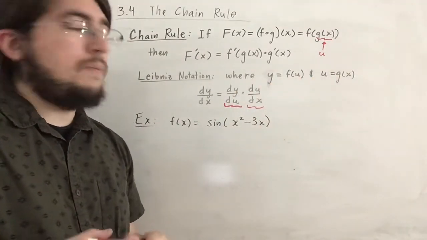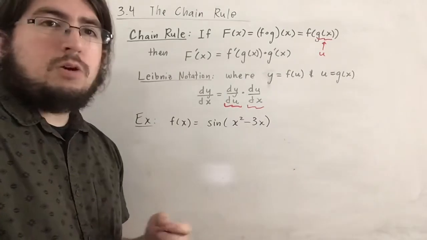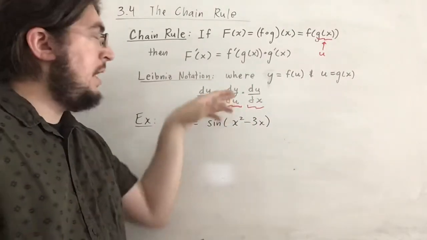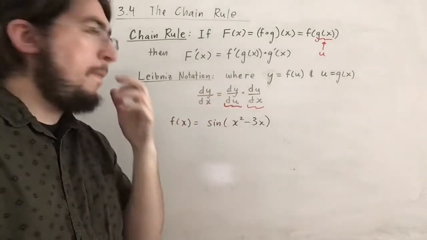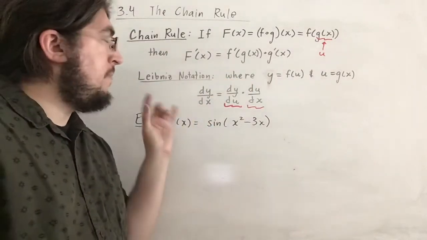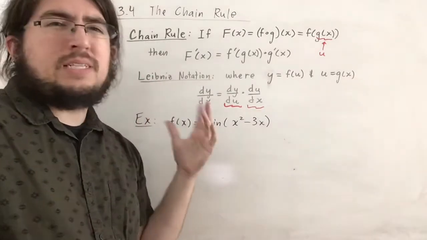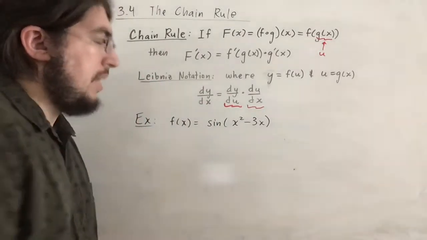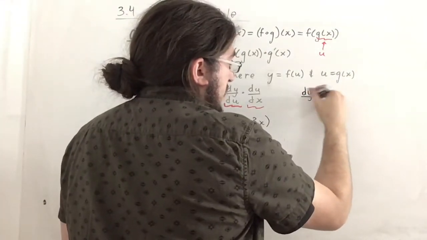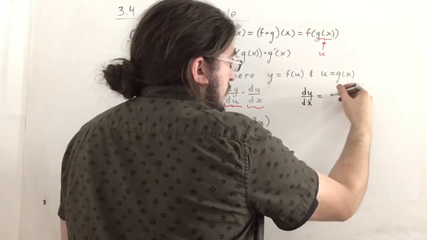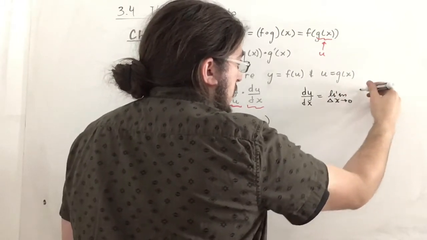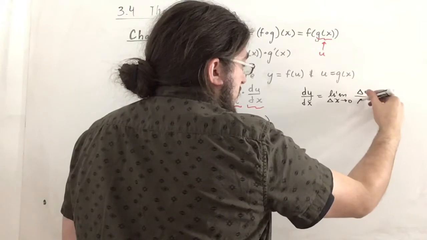Now the really nice thing about Leibniz notation is that since it looks like fractions, it looks like the du's cancel. And there's actually a really nice way to prove the chain rule using Leibniz notation, with the fact that the derivative of y with respect to x, by definition, is equal to the limit as delta x approaches 0 of delta y over delta x.